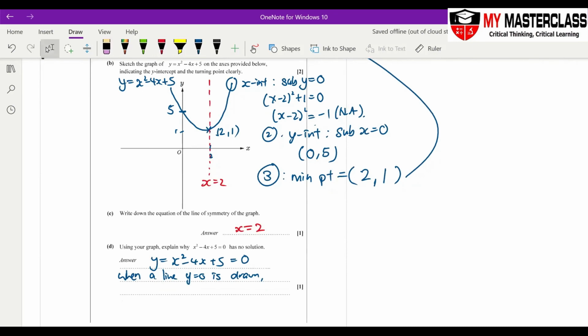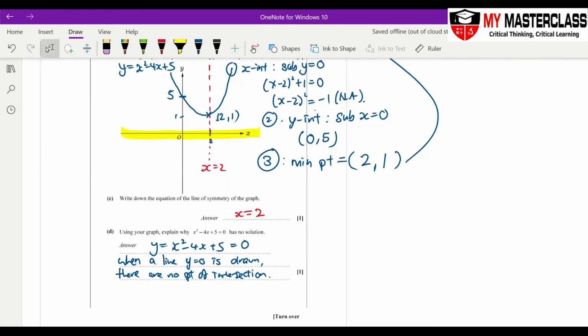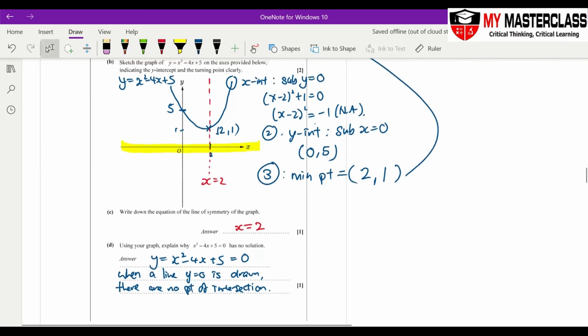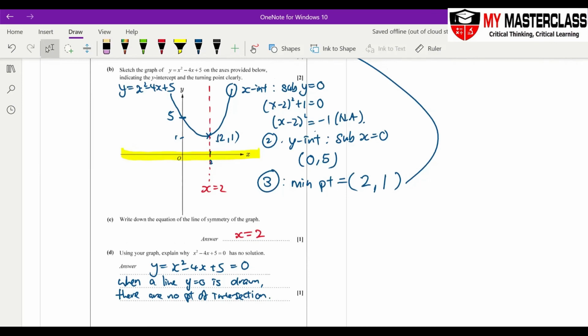Horizontal at 0. Actually, y equals 0 is here. So this is y equals 0. Will there be any point of intersection? There is no point of intersection right now. No point of intersection means no solution. All right, this will help in your graph later. So after you complete the square, these are the things that you must know.